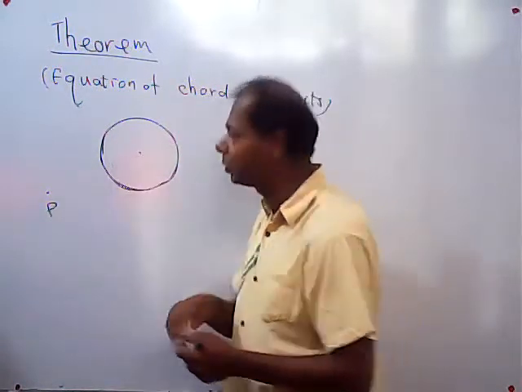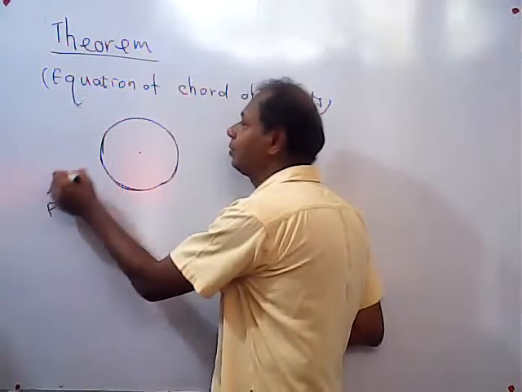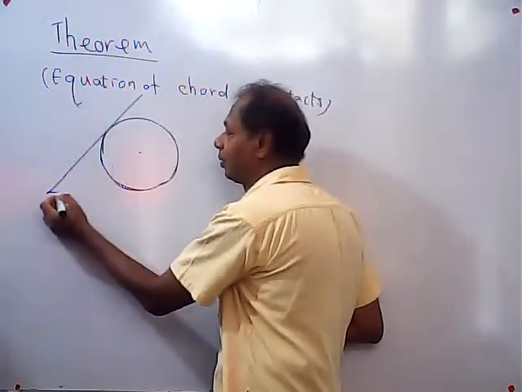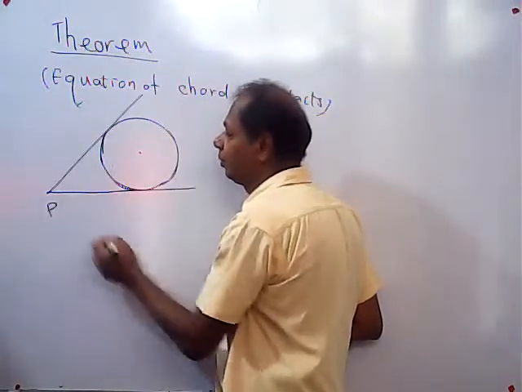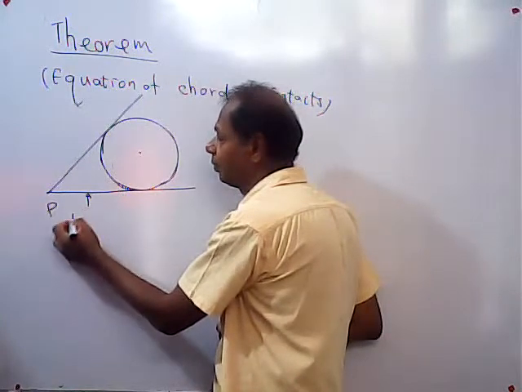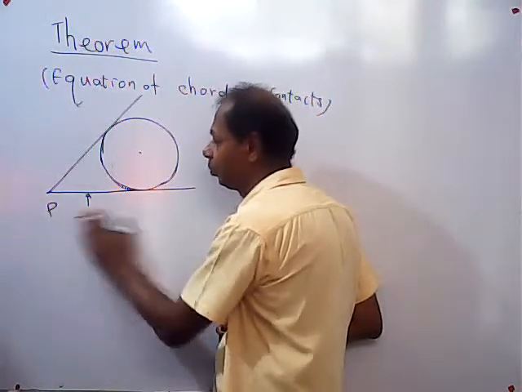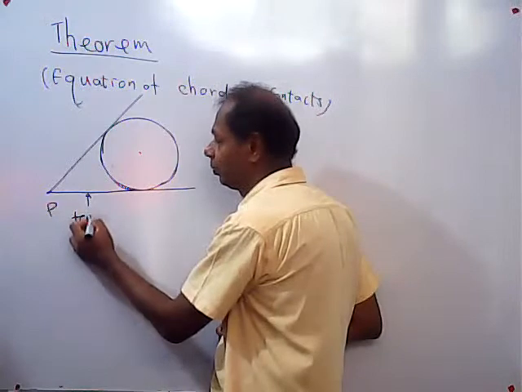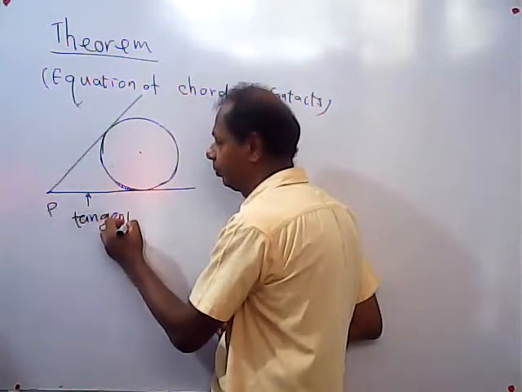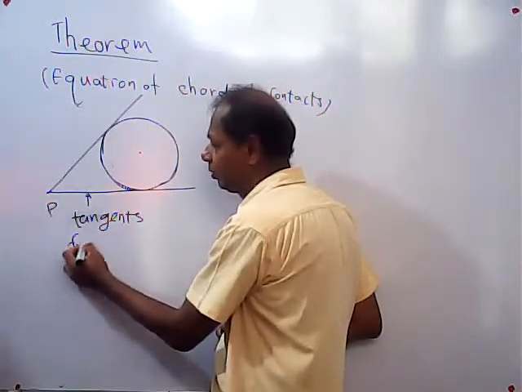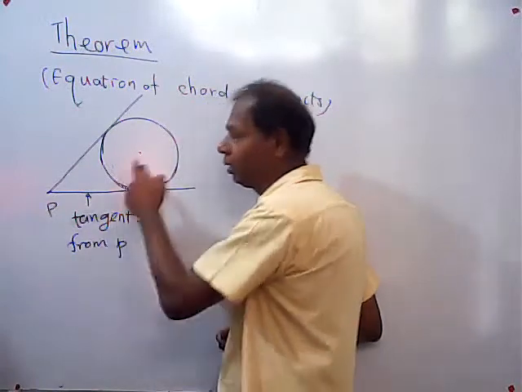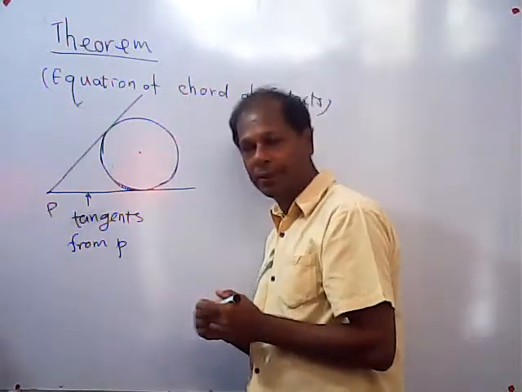So let's draw them. These are the two tangents to the circle from P.